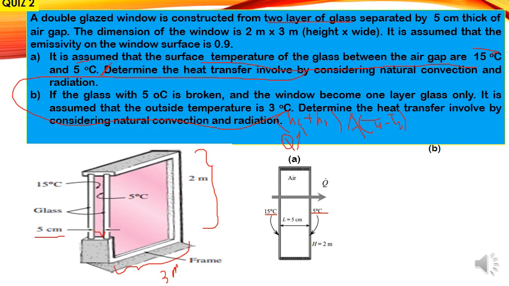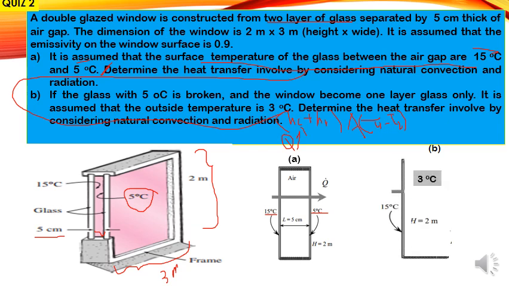For question B, it stated that if the glass with 5 degrees Celsius is broken, the window becomes only one layer of glass, and it is assumed that the outside temperature is 3 degrees C. So again, determine the Q due to the combined convection and radiation.